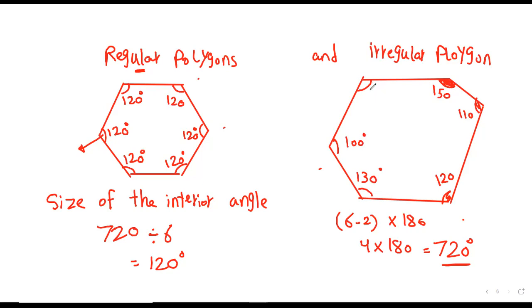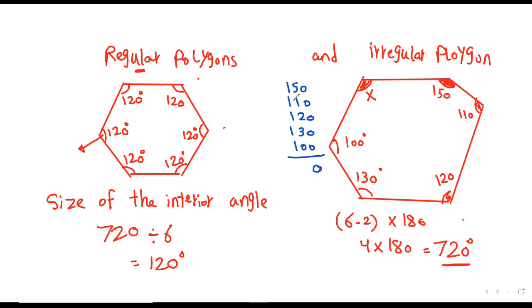So if I asked you to find the size of this angle, which is labeled x, because all angles add up to 720, you will add all these angles: 150 plus 110 plus 120 plus 130 plus 100.